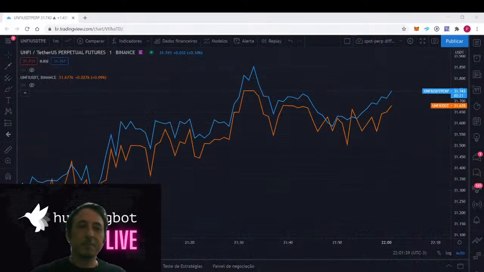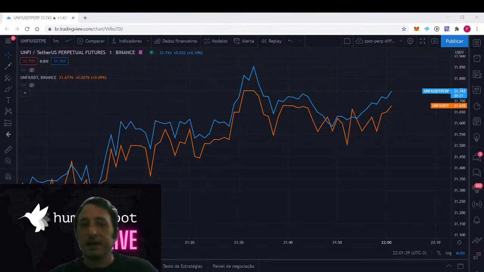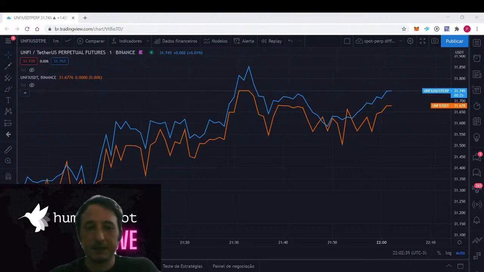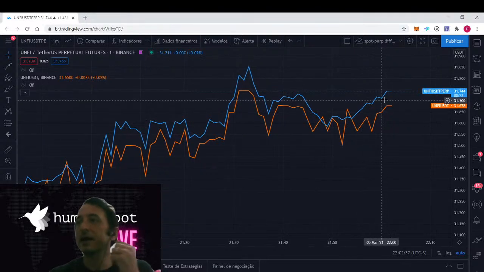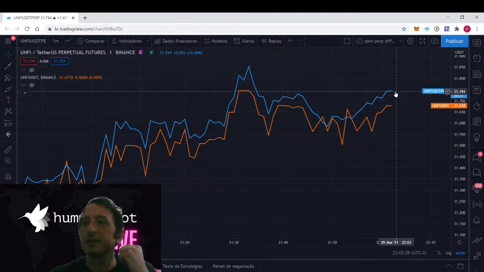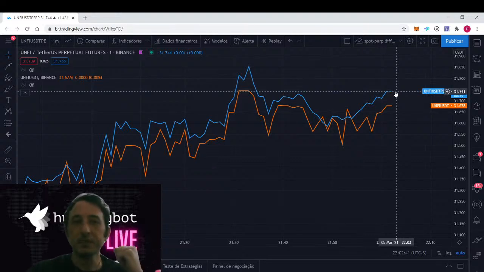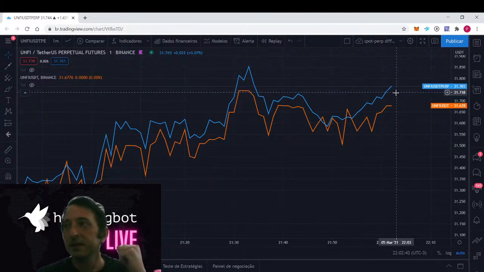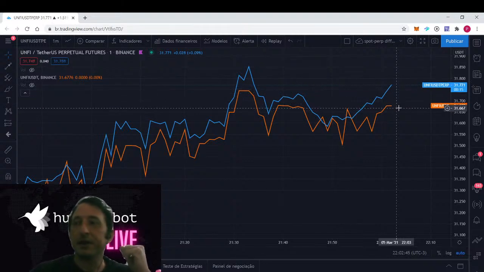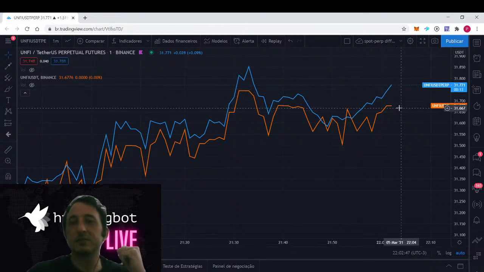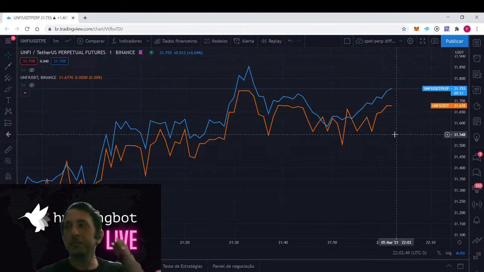So first, let's talk a bit about what exactly the strategy is. As you can see here on this graphic, the blue line is the price on the perpetual market, in this case on Binance, and the orange line is the current price on the spot market.